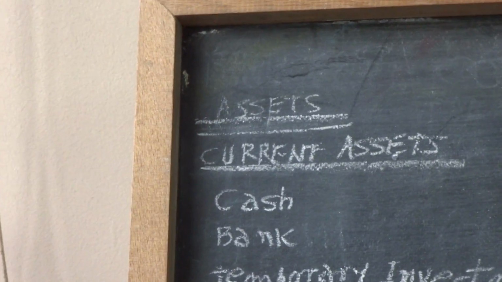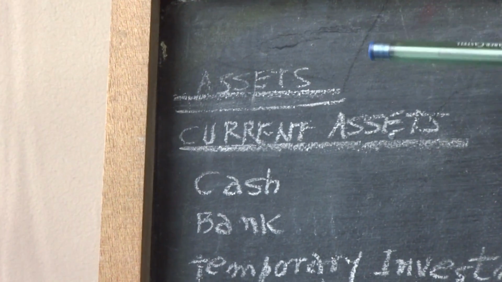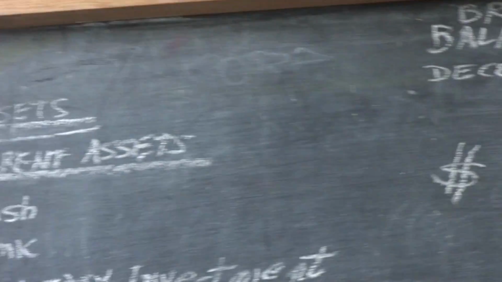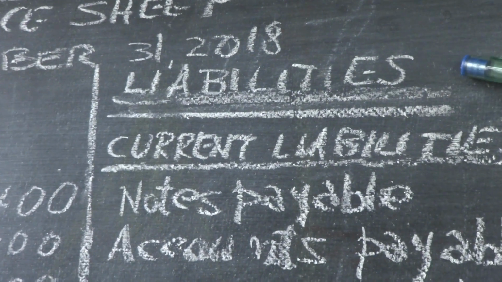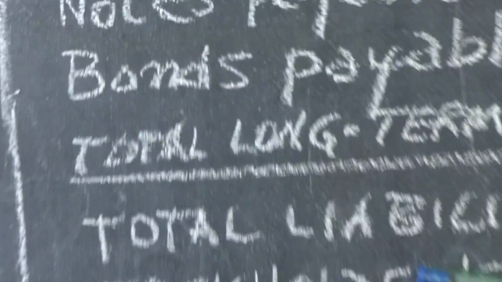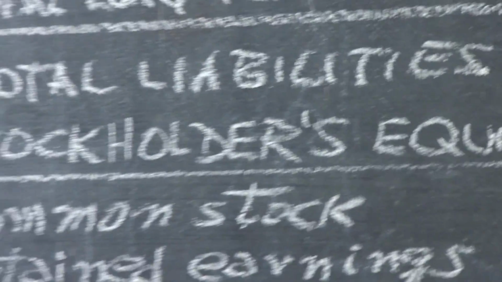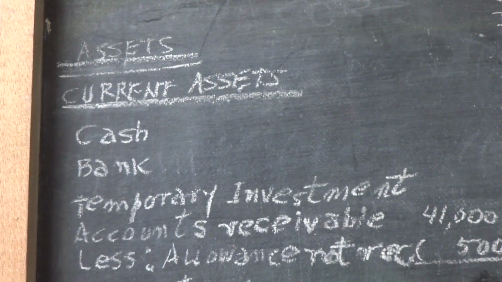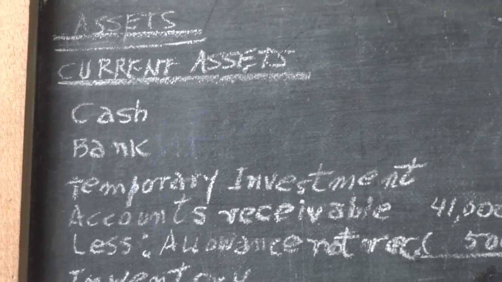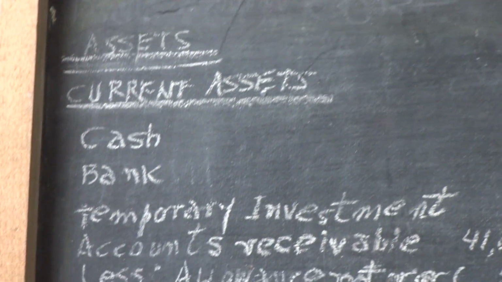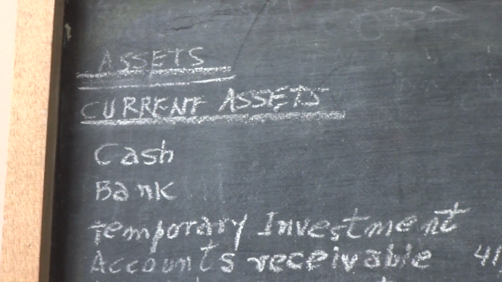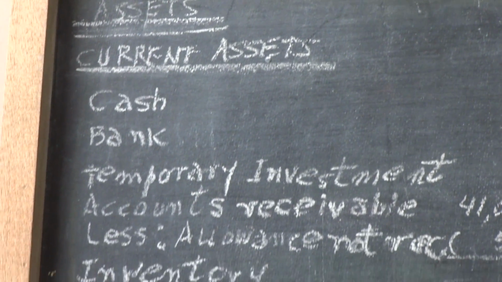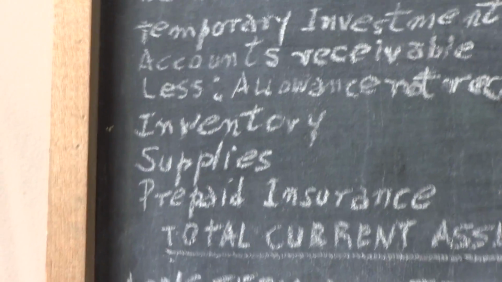The balance sheet is composed of the assets, the liabilities, and the stockholder equity. These are the main structure of the balance sheet. The assets are the properties that the company has to sell or to collect, and other investments.